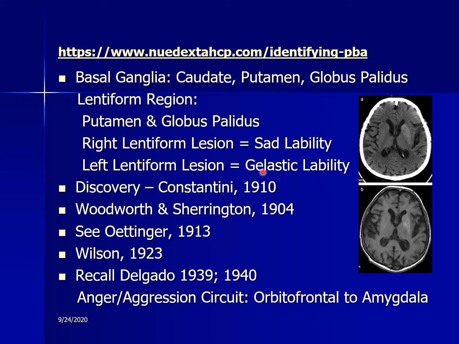But similarly, a left-sided lentiform lesion or a bilateral lentiform lesion will oftentimes produce gelastic lability or uncontrolled laughter, spastic laughter, and you'll experience that functionally perhaps as you go into final exams. Each year our faculty and students are under tremendous stress on this circuit, and you'll find them laughing more than they normally would.